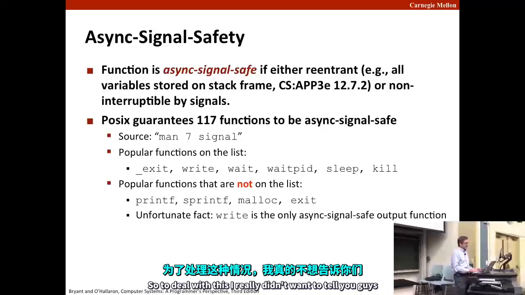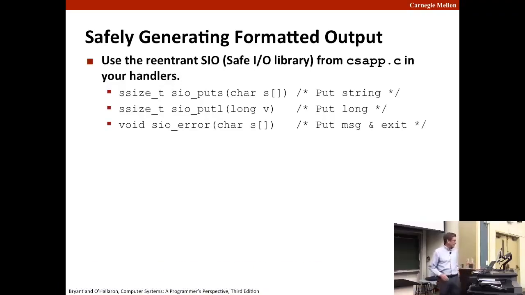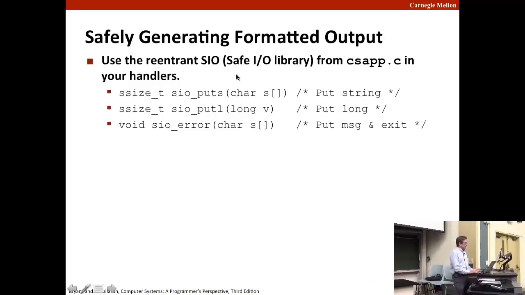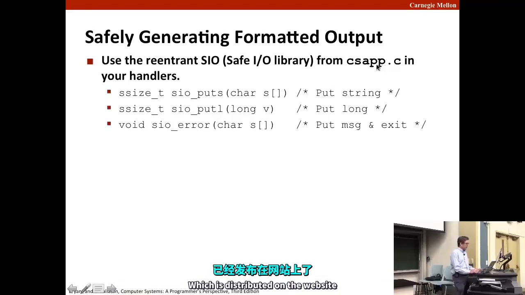So to deal with this, I really didn't want to tell you that you couldn't have any output in your programs, and write is a very difficult thing to deal with. So I created a small library called the safe I/O library. It consists of 3 routines, and they're available to you in the CSAPP.c file, which is distributed on the website. It consists of 3 reentrant routines. SIO put_s prints a string.